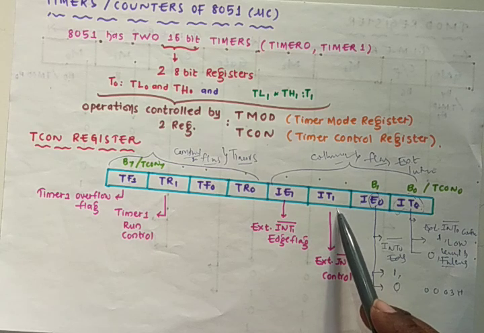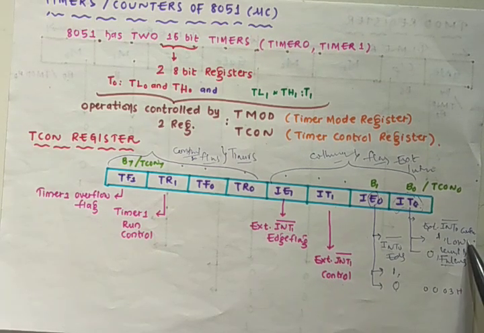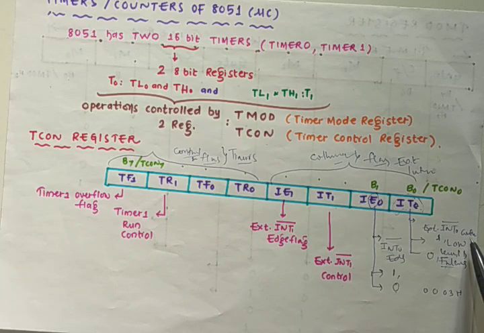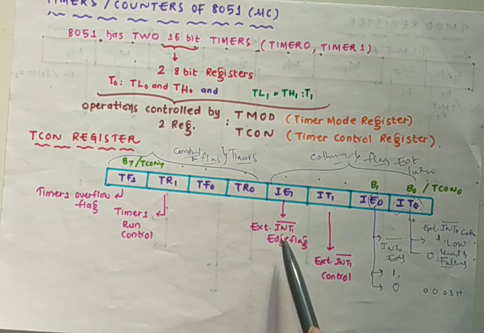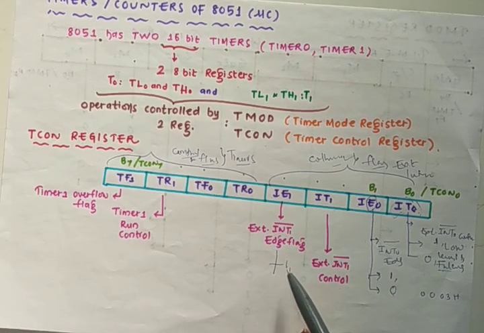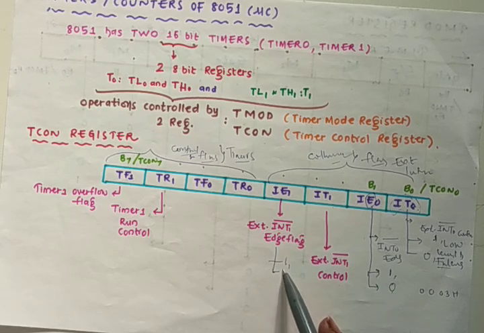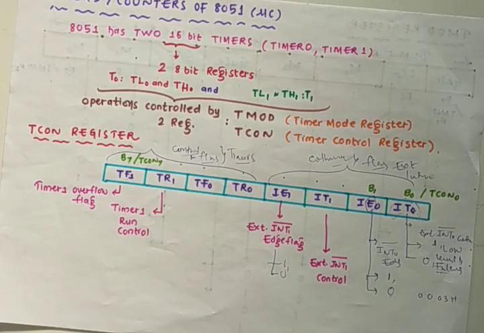Now here, external interrupt 1 control. If it is 1, that is low level triggered. If it is 0, it is falling edge triggered. Same thing here also. If this is 1, it is low level triggered. When it is 0, it is falling edge triggered.